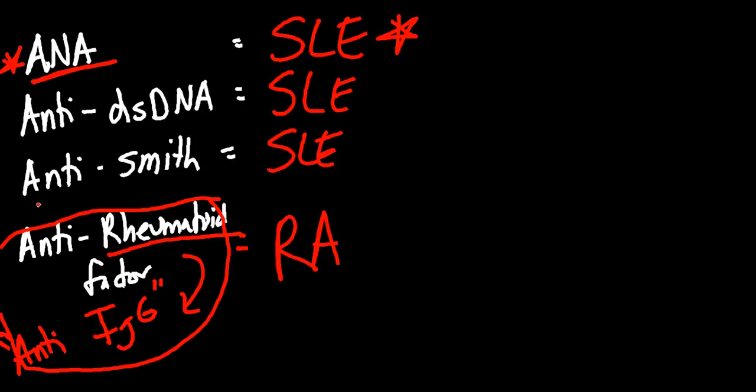Also, if they're anti-Smith negative, so if they don't express anti-Smith antibodies, you can't rule out SLE yet. They still could have SLE. You can't just look and say, oh, they have no anti-Smith antibodies, they can't have SLE. No, they could.